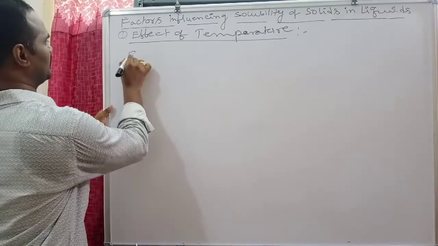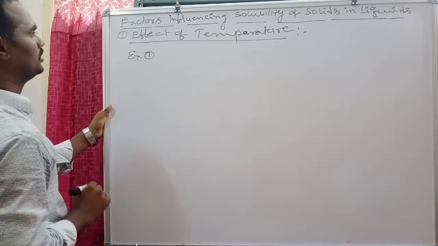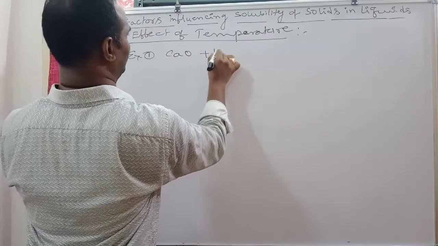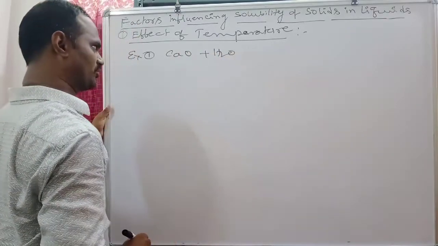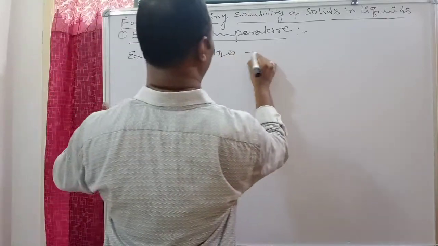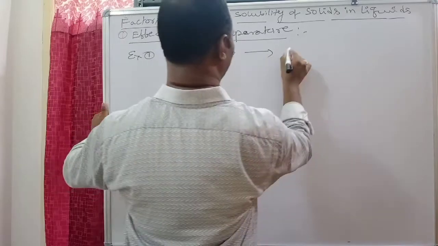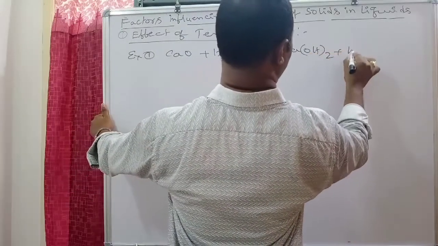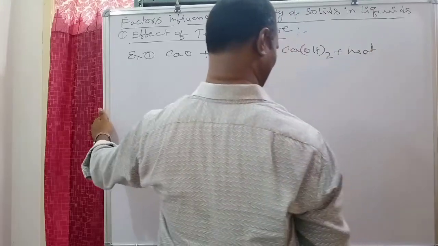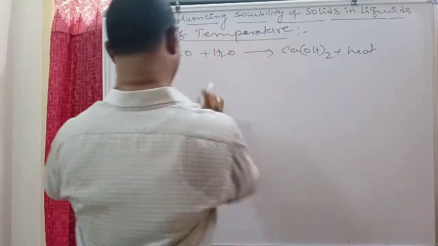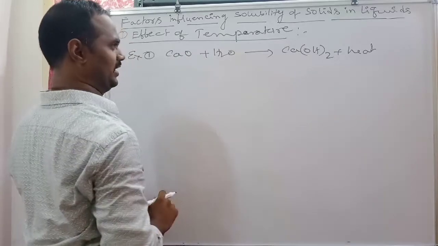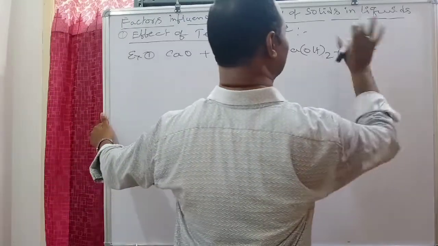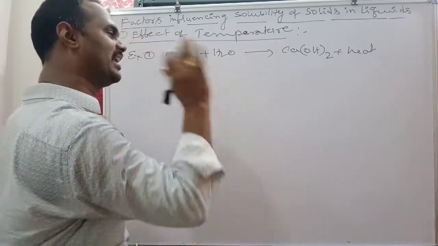Carefully see example 1. Here, when quicklime is dissolved in water, it forms calcium hydroxide plus heat energy. When quicklime dissolves in water, calcium hydroxide is produced, and along with this some heat energy is liberated.